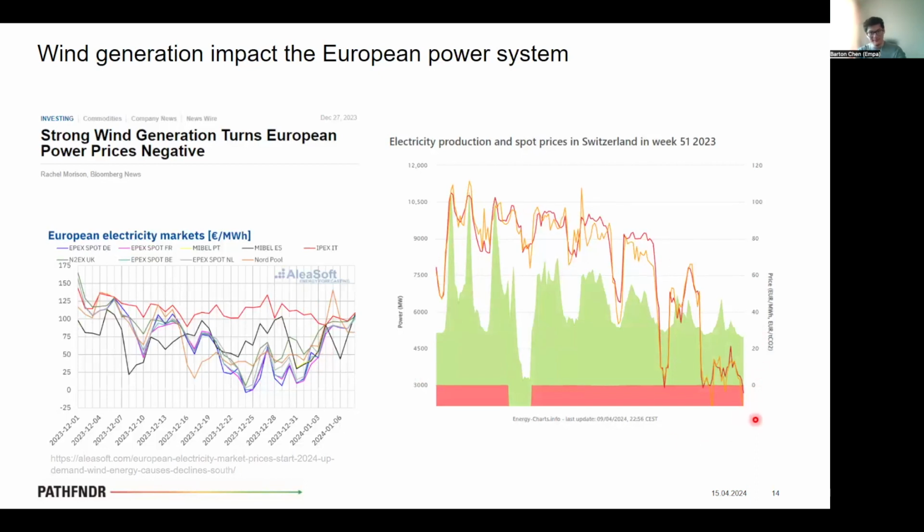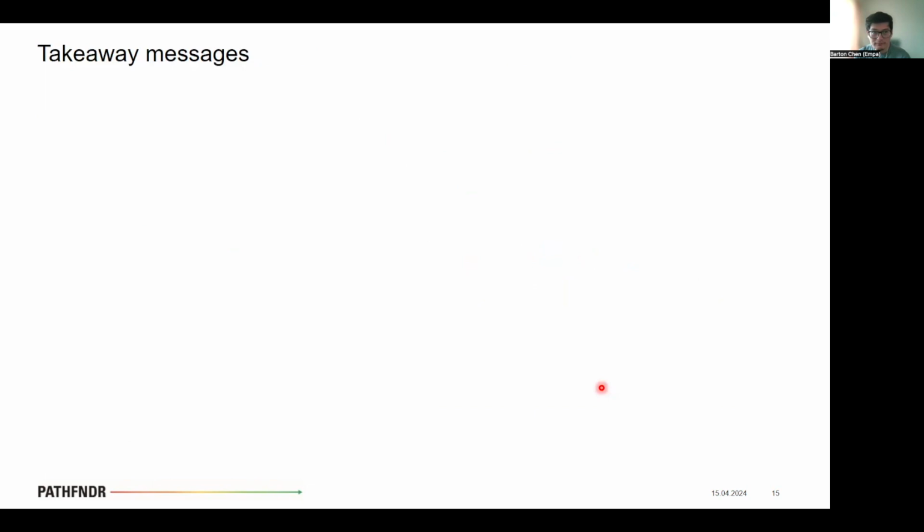Basically, the spot market prices dropped to negative on Christmas Eve, I believe. So that is one example showing that even though maybe in Switzerland we don't have too much potential, since we are connected to the European energy system grid, if Europe has a lot of wind power, it still has an impact on our energy system.